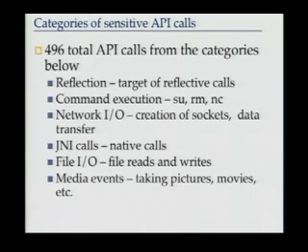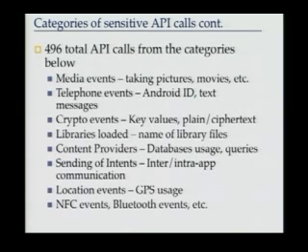We also log command execution, any network I/O, JNI calls, file I/O, media events, things that happen on the telephone, like when they're sending a text message or getting your Android ID, any crypto stuff, any libraries it's loading, and content provider access. If they're going to look at your contacts, they'll have to go through a content provider. We also log sending intents, so what it's communicating with, and your location, also NFC and Bluetooth.